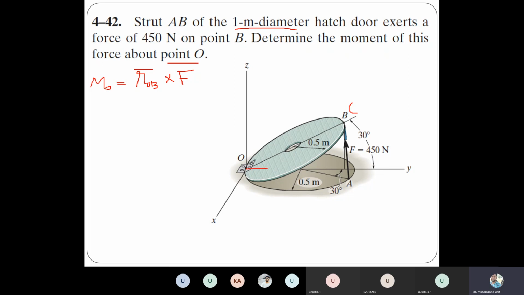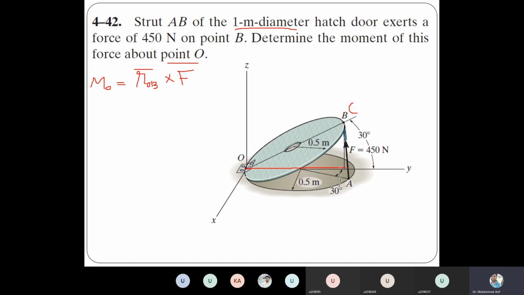We start from here, go up to here, and then we have to move in the upward direction. What is the horizontal distance now? This is not 1 meter. O to B is 1 meter, and we know this angle is 30 degrees.